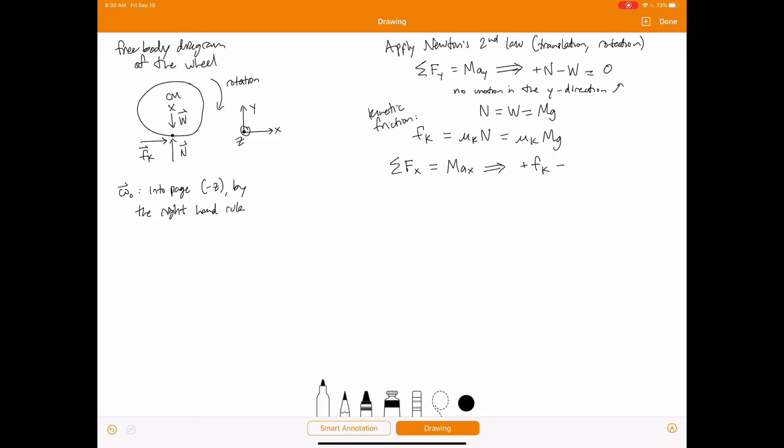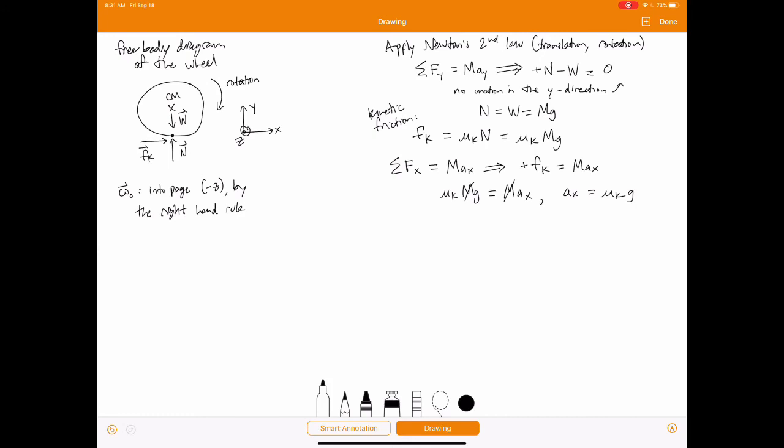That equals m times ax. But of course, we just solved for Fk. It's mu k, m times g. That equals m times ax. So canceling out the mass, we get ax is equal to mu k times g. So in other words, we just solved for the linear acceleration of the wheel as it moves along the x-axis.